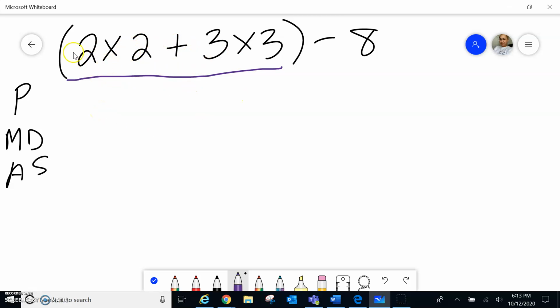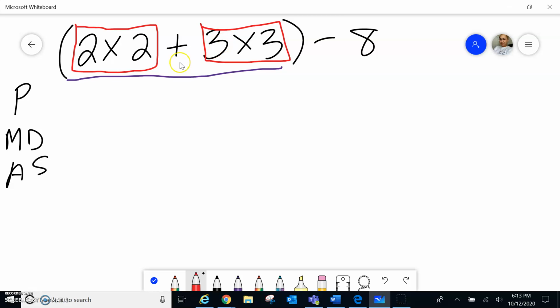So inside of our parentheses, we have 2 times 2, and we also have 3 times 3. And of course, we know with order of operations, multiplication would be the first thing we'd have to do after parentheses.